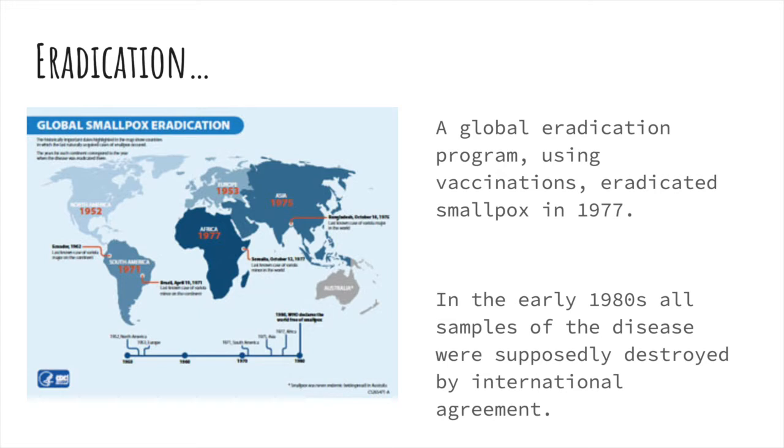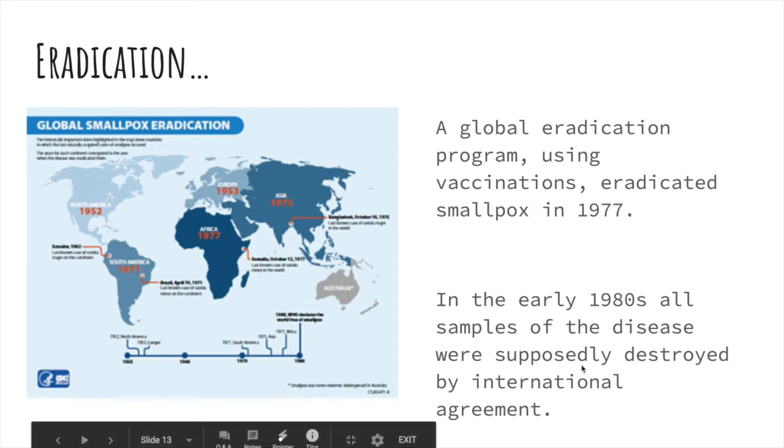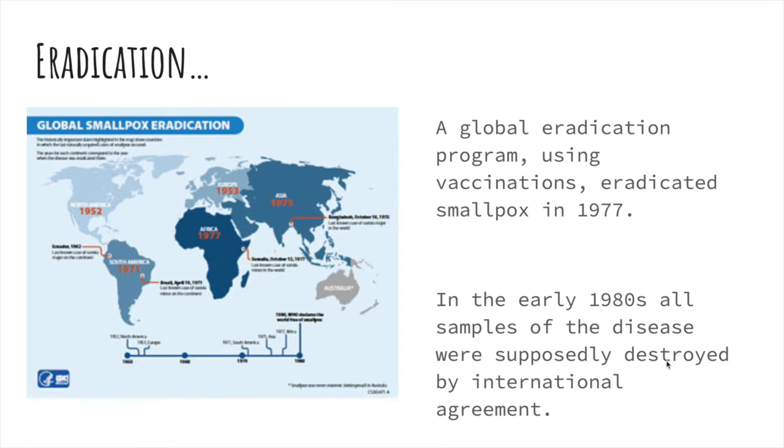And for a little while after it was eradicated in the wild in 1977, America and Russia during the Cold War kept a few samples of smallpox frozen in some freezers so that they could use it as a biological weapon, because it can live in the air, it can be airborne, and it can pass from person to person very, very quickly.